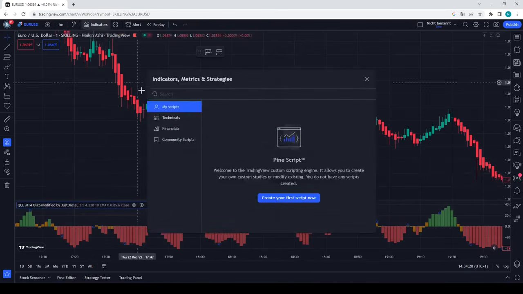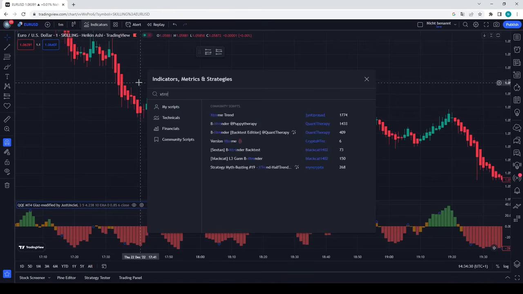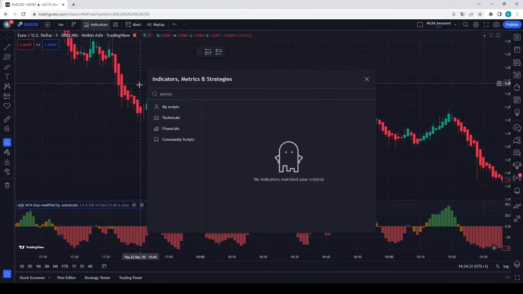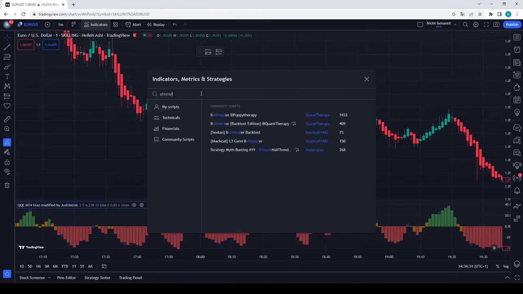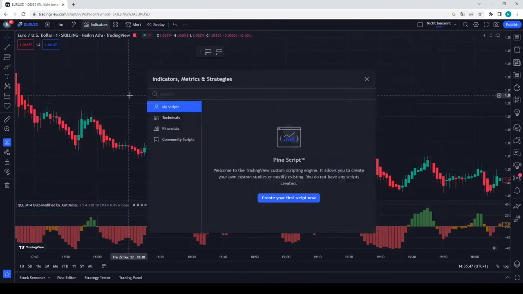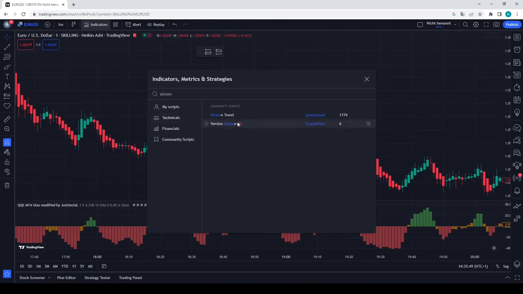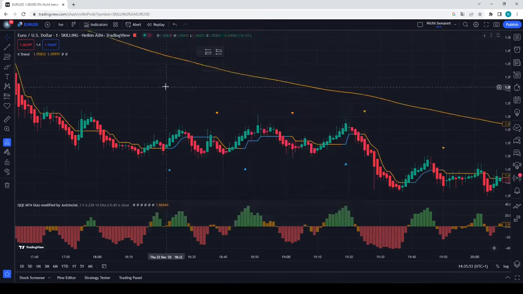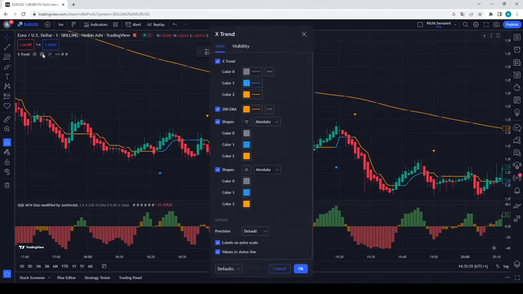As the second indicator, we go to the X trend indicator. The second indicator that we need is the extreme trend indicator by this person here. So let's load it in. And also we are going to do some changes here. So we change the colors.